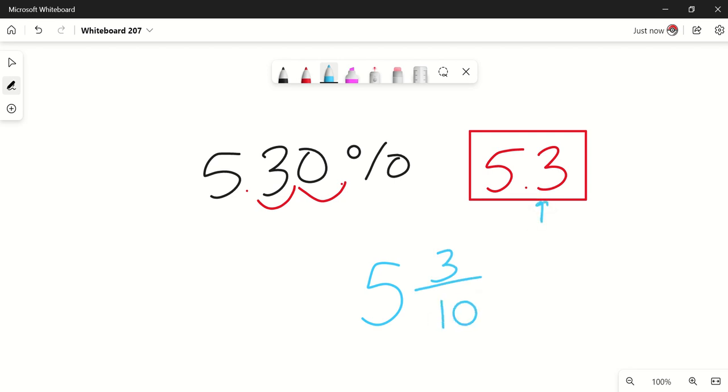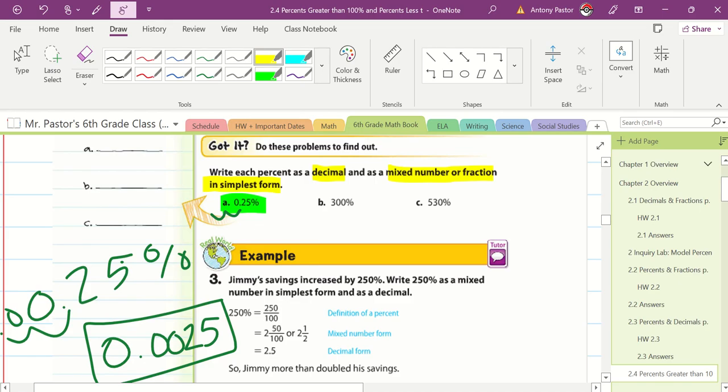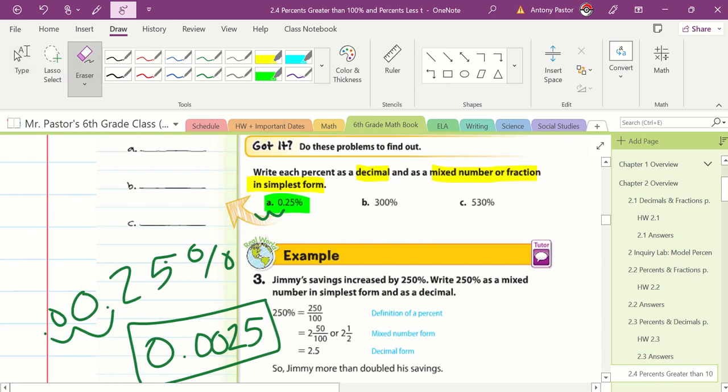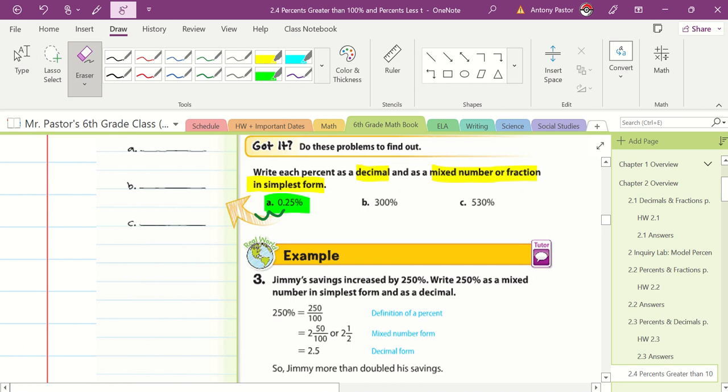And 3/10 will not simplify because 3 is a prime number, and 10 is not a multiple of 3. They have nothing in common. So my answer for this part is 5.3 and 5 3/10. So hopefully this is starting to make a little more sense. If not, we're definitely going to be doing this for 2 days for our work day.